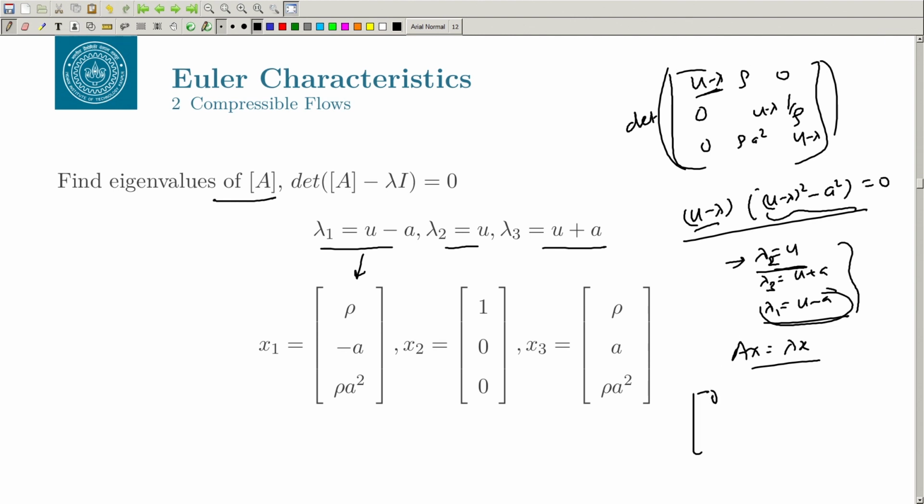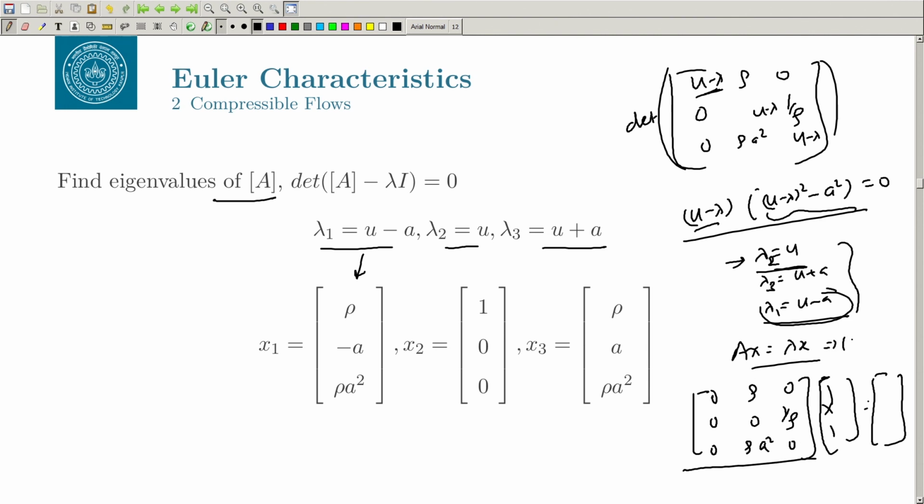If you put λ equal to u, it becomes 0, ρ, 0; 0, 0, 1/ρ; 0, ρa², 0, and then you multiply by x, which equals 0. Because I have already done A minus λI, I have taken this λ out.